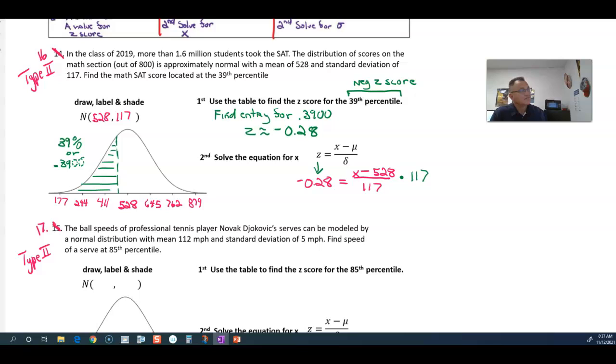So this is negative 3276, and then add 528, and there's your answer.